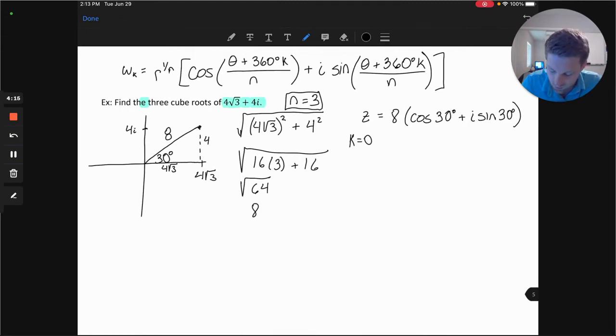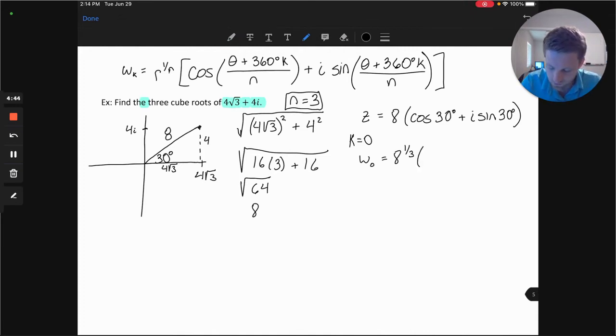So if k equals 0, then our first complex root we'll call w sub 0. It's going to be equal to r, which is our 8 cube rooted. If I do a 1/3 power, that's really a cube root, which is going to turn into just 2 for us, but we'll work it out for this first one.